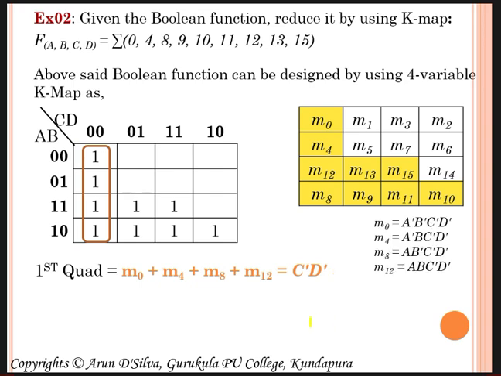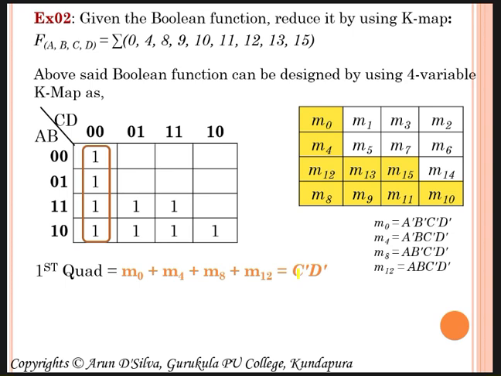Now, another method: M0, M4, M8, M12 are there. We write the respective minterms here. When you see the minterms, A dash and A is there, the second variable B dash and B is there, and the third variable C dash is as it is, and the fourth variable D dash is the same. So C dash and D dash do not change the state.